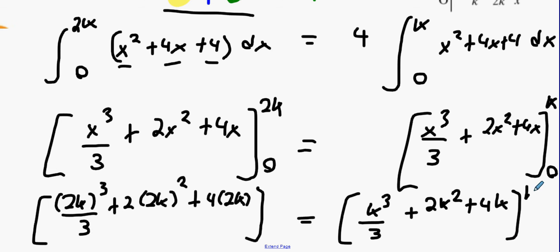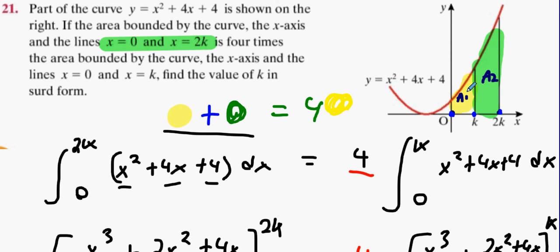What am I forgetting here? There's a 4 on the outside, isn't there? So remember we said earlier, the area of the yellow plus the green is 4 times the area of the yellow on its own. Alright.